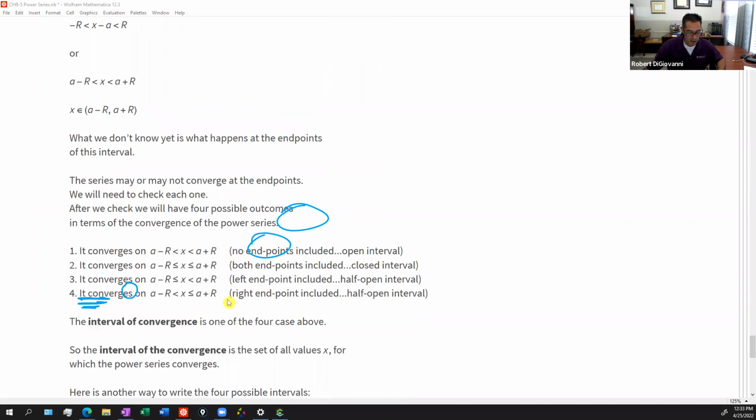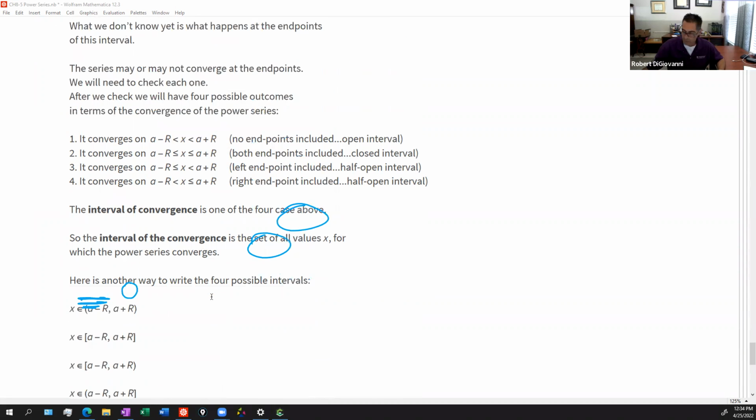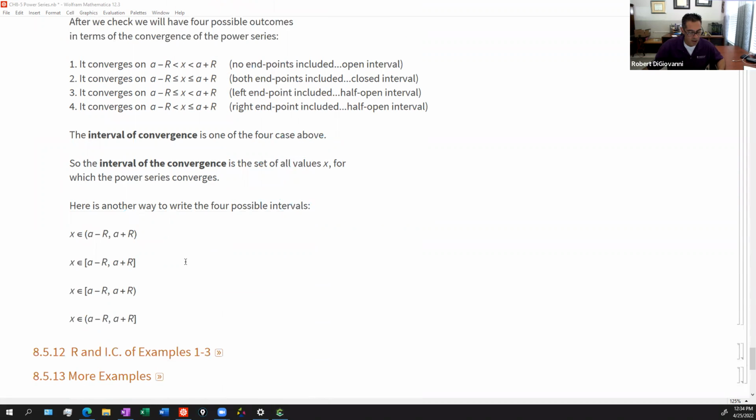Okay, this talks about checking endpoints. When you check your endpoints, let's say you're like our second example today, there are 4 things that could happen. Either both endpoints work, both endpoints don't work, or the left endpoint works, right doesn't, or the left doesn't, right does.